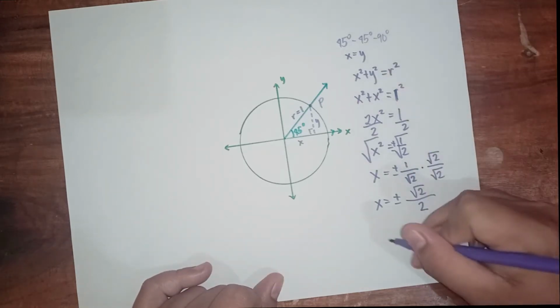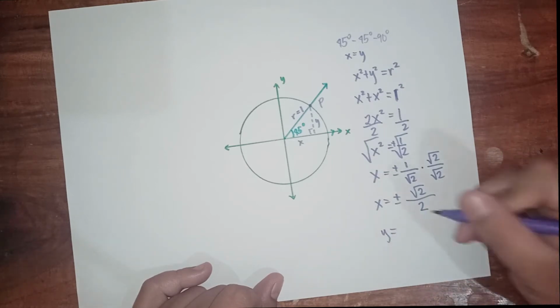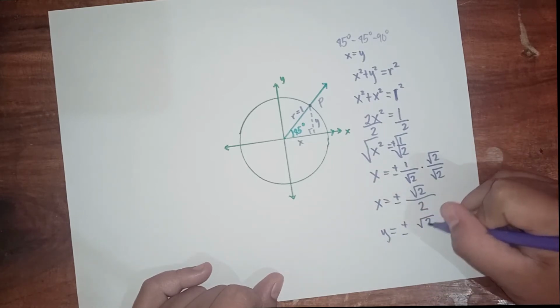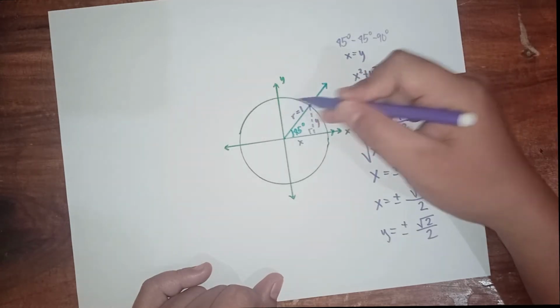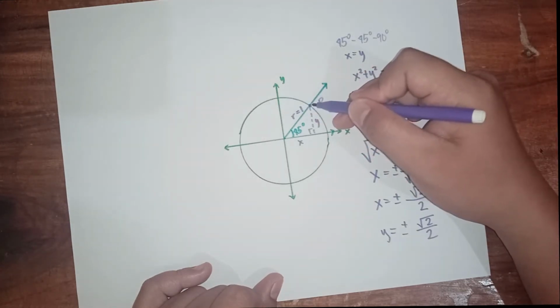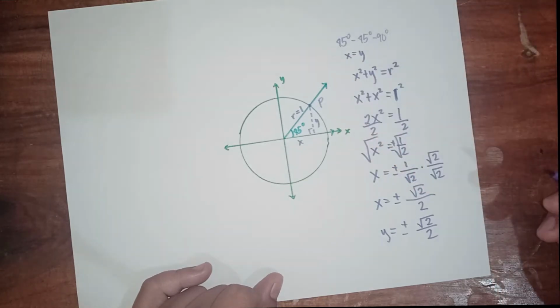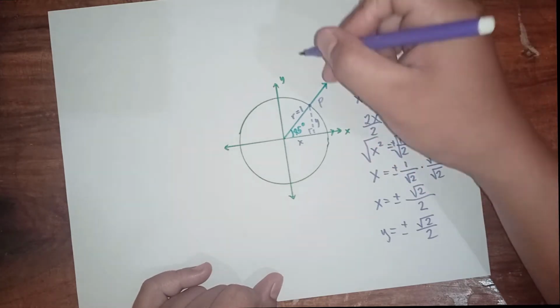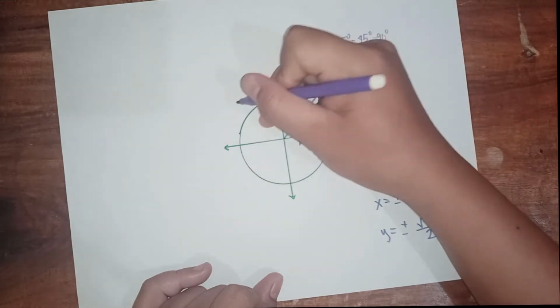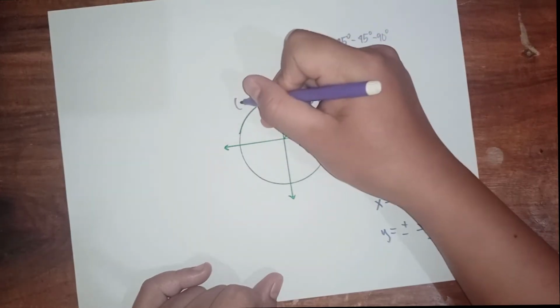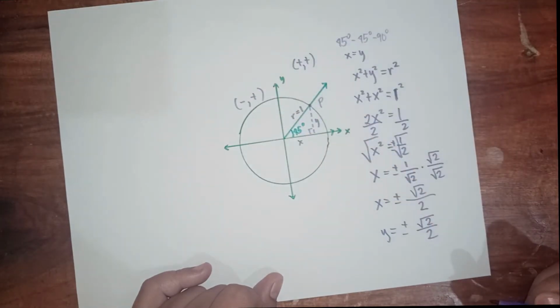Since x and y are equal, therefore we can say that y is also equal to positive, negative square root of 2 over 2. Since we are dealing with the intersection in the first quadrant, ibig sabihin, all the coordinates here are positive. Tandaan lang natin mga boss, pag quadrant 1, lahat ng coordinates are positive. Pag quadrant 2, your x is negative, your y is positive.